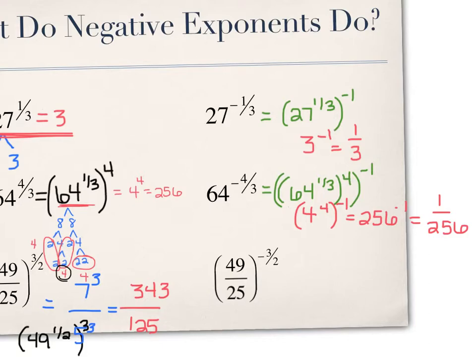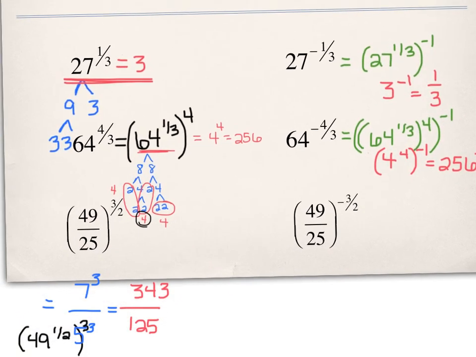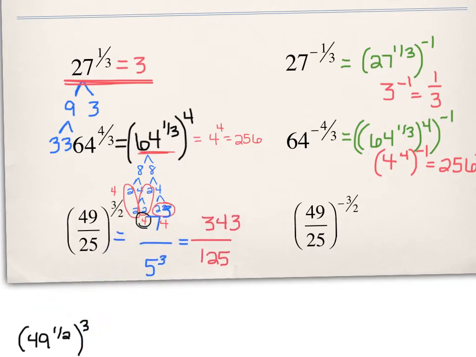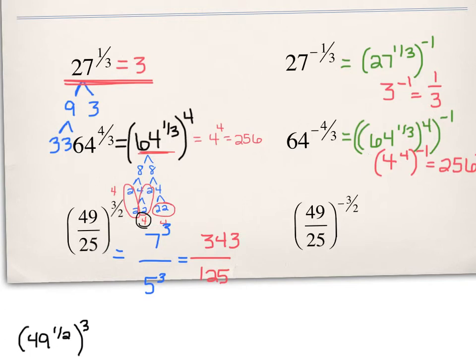Okay, so let's think about, without even having to write out all that work, this one's hard to fit in there. My answer for this one originally came out to 343 over 125. Can you figure out what would happen with a negative? A negative would take this whole fraction and flip it over. So I would work through it exactly how I did down here.